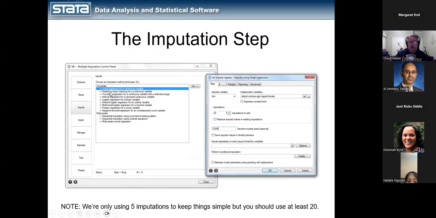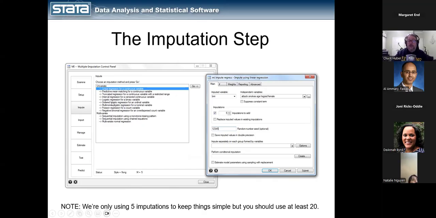There's another method called predictive mean matching for dealing with continuous variables that have missing data. Then there's also truncated regression for continuous variables with a restricted range. So if you had something like GPA that's bounded between 0 and 4, you might want to use that. But then there's also things like interval regression for censored continuous variables, logistic regression for a binary variable. So what happens if you have hypertension, yes or no, and you have missing data for hypertension?